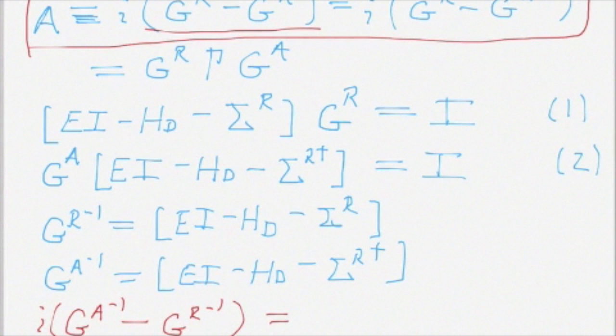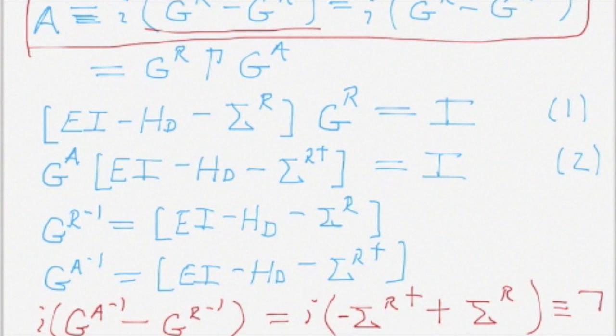All right, so that's I times sigma R dagger minus sigma R. Or plus, what is it? I got my minus sign. So it's minus sigma R dagger plus sigma R. If we go back some ways, this is the fundamental definition of gamma.